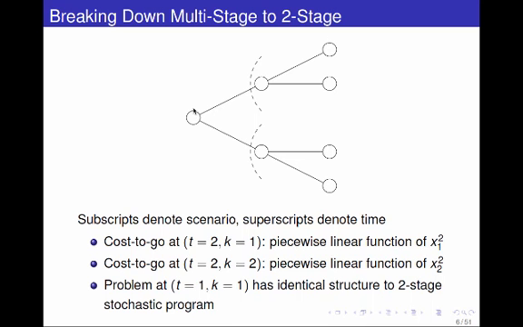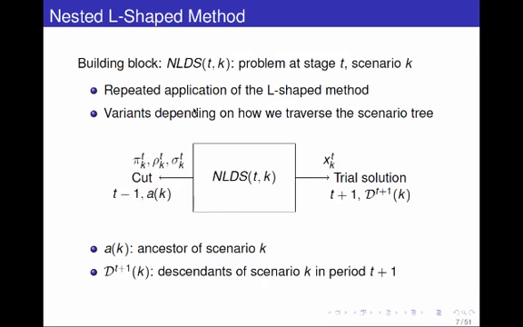Okay, is the notation clear? It's just a way to describe the scenarios in the next period coming from scenario K. So when I solve the NLDS, I can throw a trial solution to the descendants, but I can also send back dual multipliers to the previous time period and the ancestor scenario.